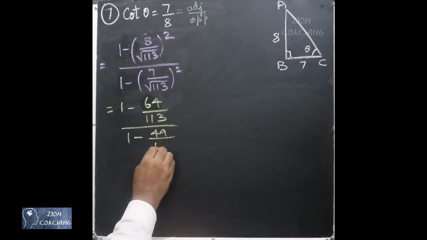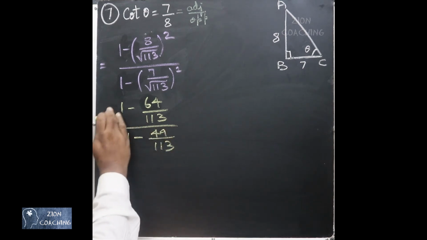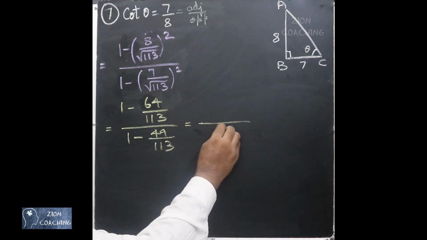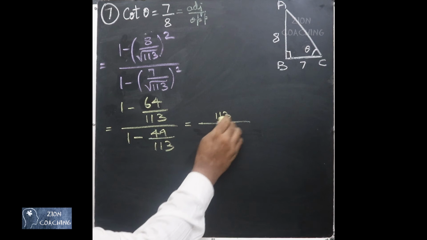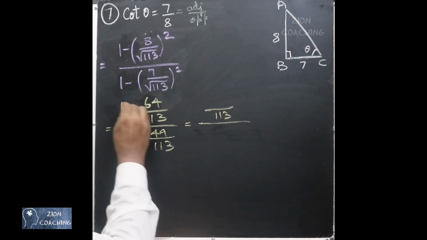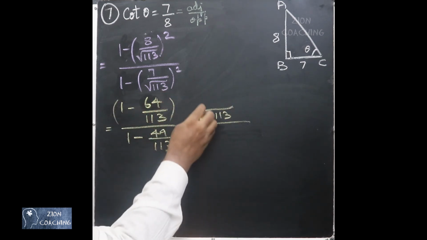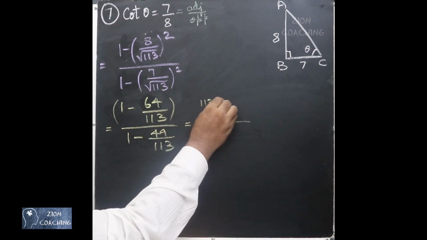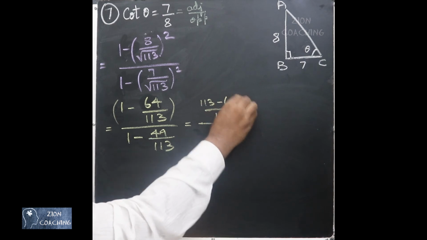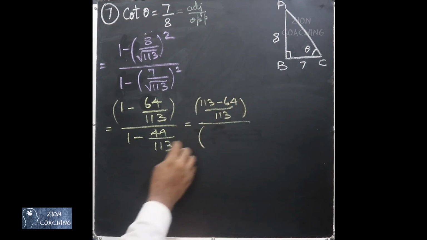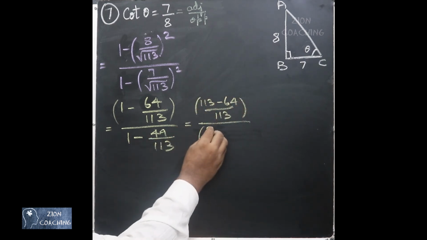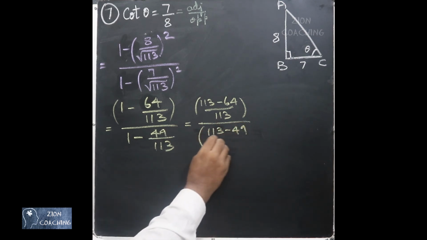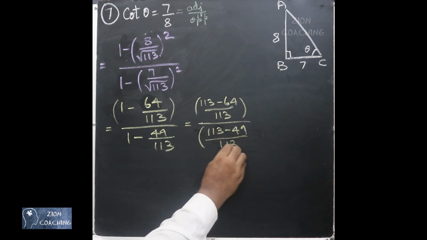49 by 113. So when you take LCM, the LCM is going to be 113 for what is there in the numerator. So it is going to be 1 into 113, that is 113 minus 64 by 113, divided by, again the LCM is 113 minus 49 by 113.